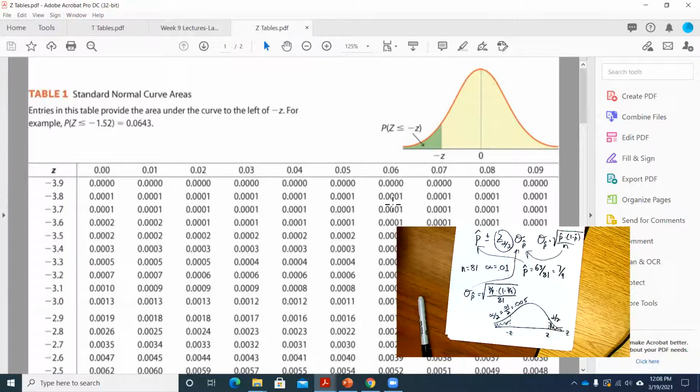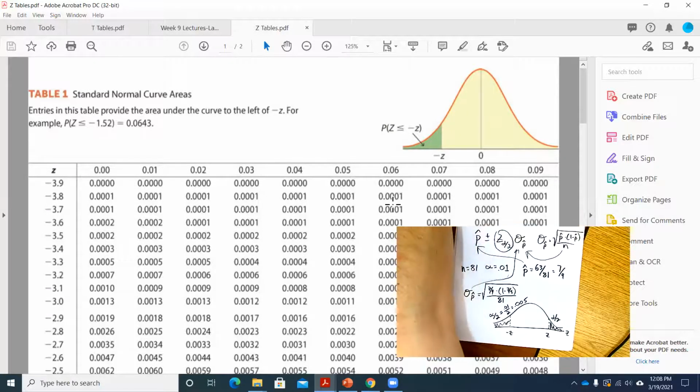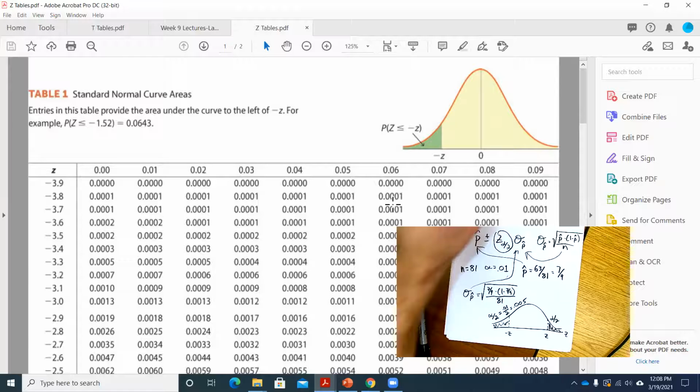Oh, maybe that's why it shut down on me. We're having some technical issues in class here. Give us 1 second. I think this hopefully will. There we go. Okay, so we've got our z table.